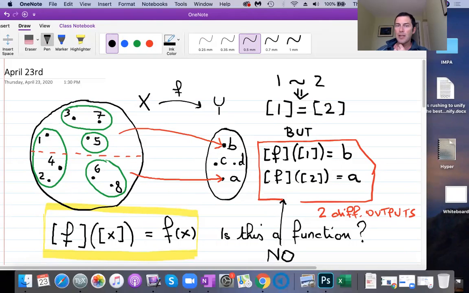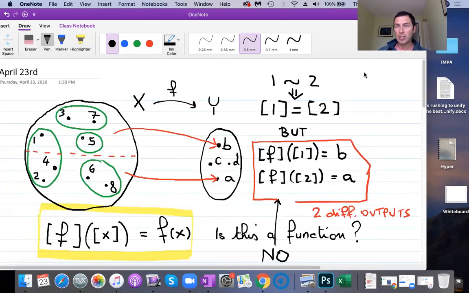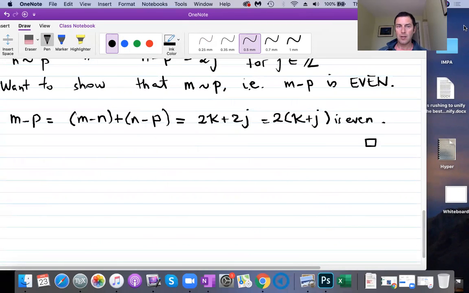The issue is, like you said, that you have two elements that are equivalent that are mapped to elements of y that are different, right? So the condition that we're looking for, talk about 8.6.